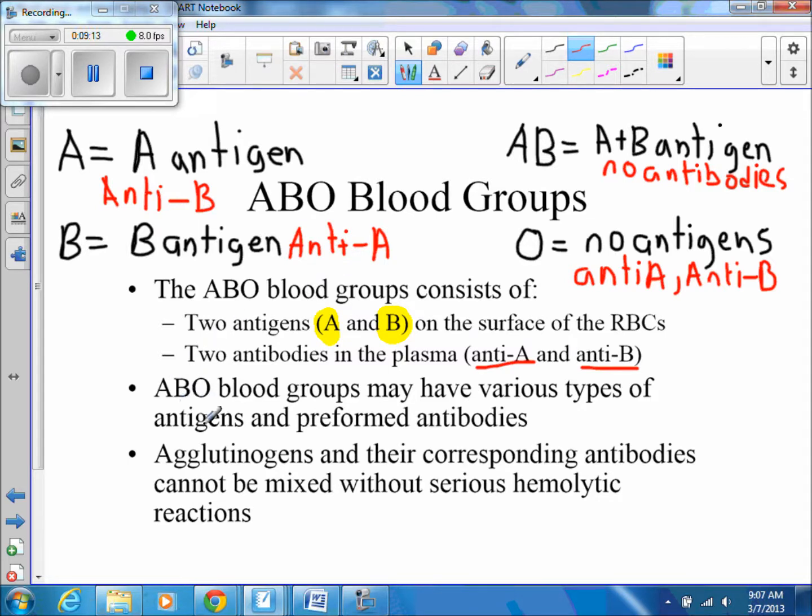Okay, when I say attacking, what I mean is it can cause a hemolytic reaction. So if you have the wrong antibodies and agglutinogens mixing, so if an anti-A comes in contact with blood that has an A antigen, it'll cause a hemolytic or clotting reaction.